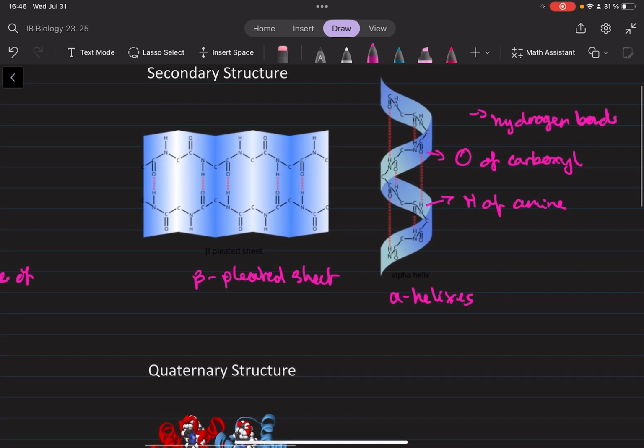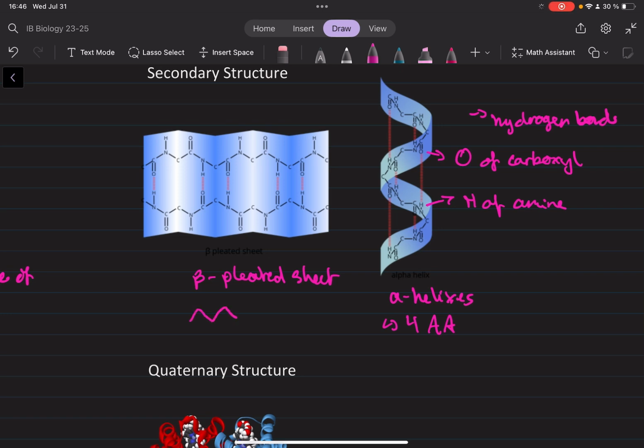And essentially the reason you get different structures is because in alpha helixes, there is a hydrogen bond between every fourth amino acid. Whereas in a beta pleated sheet, they use the backbone of the peptide bond to create a hydrogen bond.